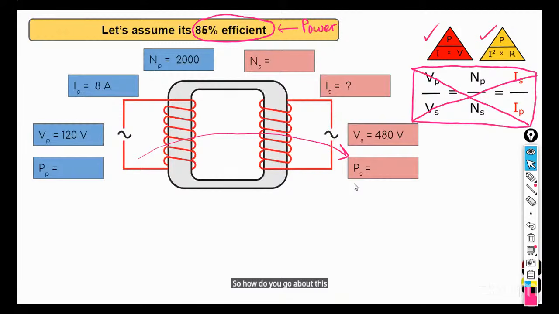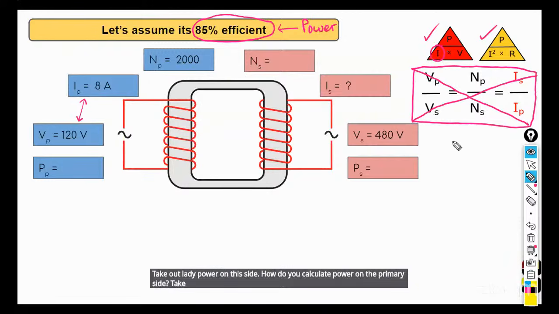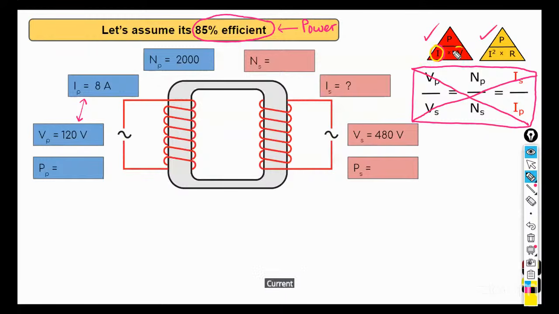Well, the first thing you have to do is realize you have enough information on this side to calculate the power on this side. How do you calculate power on the primary side? Take current and multiply by voltage. Everyone do that for me.